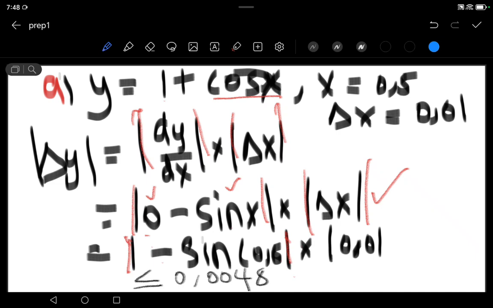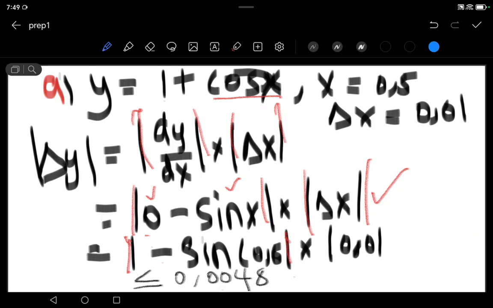Yeah, I'm getting 0.00479. Okay. Yeah, which is 0.0048. Yeah. Okay. Happy now, right? Yes. And then we got this answer.